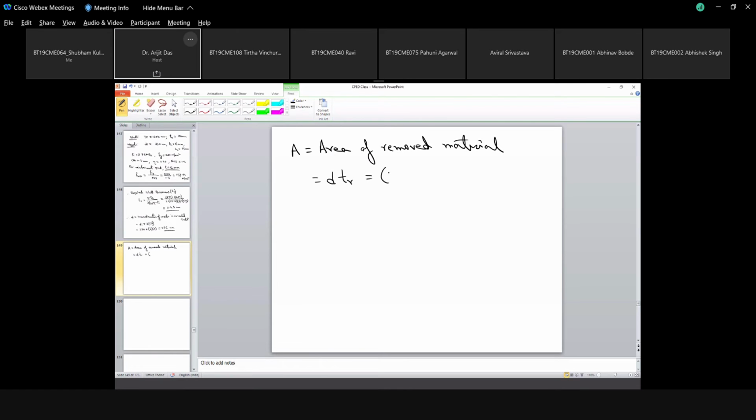So 256 into 15.71, and that is 4021.76 millimeter square. So this much area of material is removed.